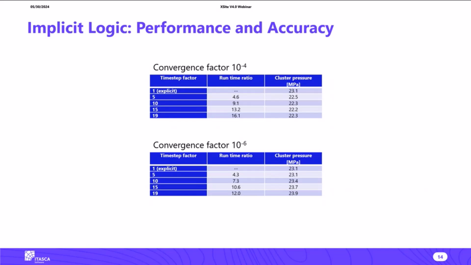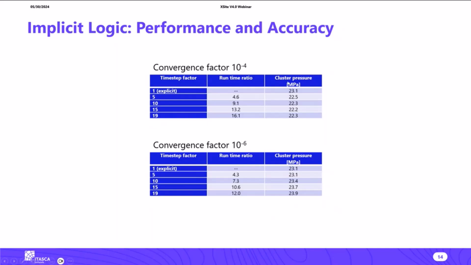Basically, we calculate the ratio of the simulation time compared to the explicit simulation. But then we also compare the injection cluster fluid pressures at the end of the simulation for all those cases.